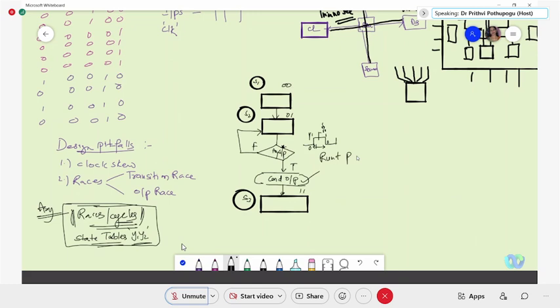Actually, a runt pulse means that it is of a very short duration, and that too it is happening at the instant of a transition of clock 1 to 0. That means the clock is going from active on to off. Before that, the duration is not sufficient for some other iterations to be complete.